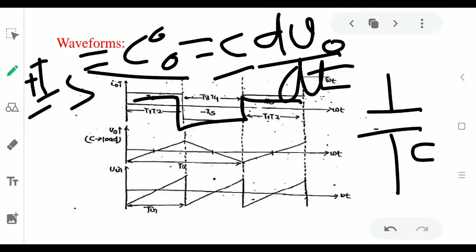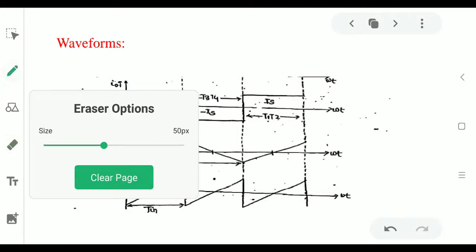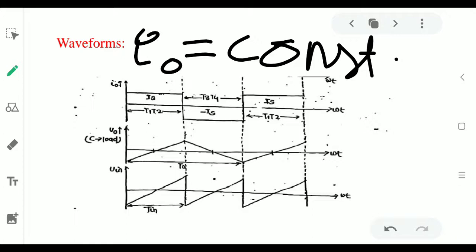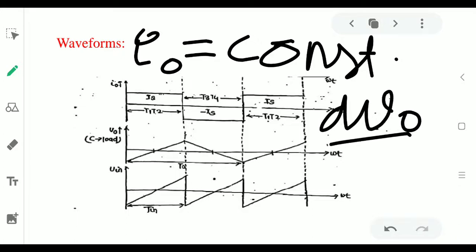If this quantity is constant, this quantity must also be a constant. If both are equal, both must be constant. Now we know I0 is constant, so dV0 by dt, that is the slope, must also be a constant.